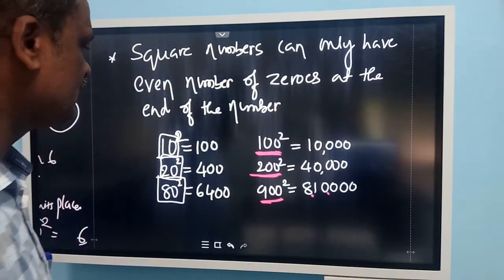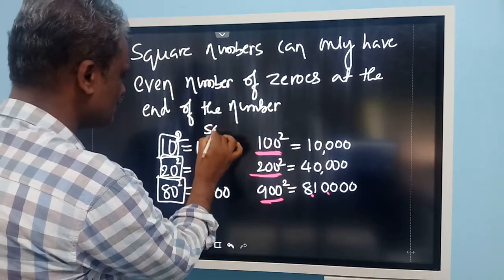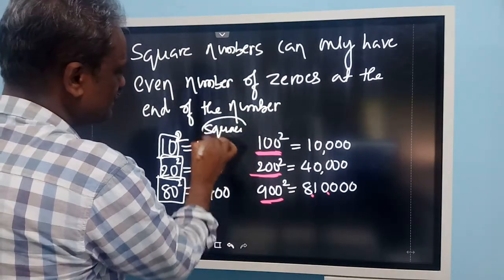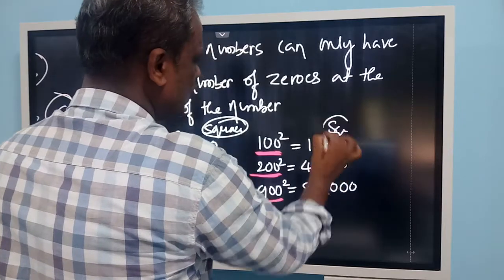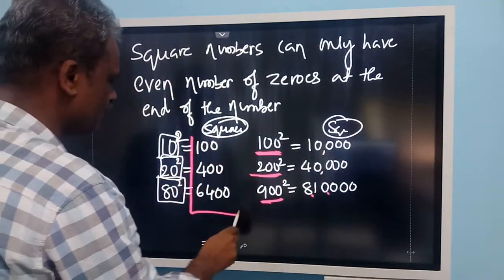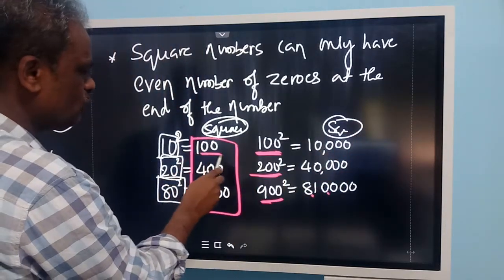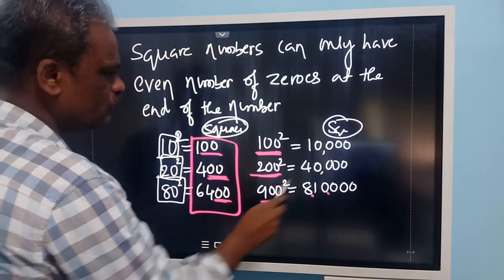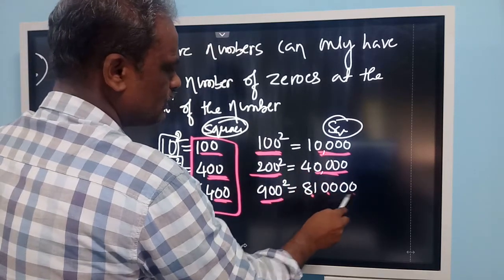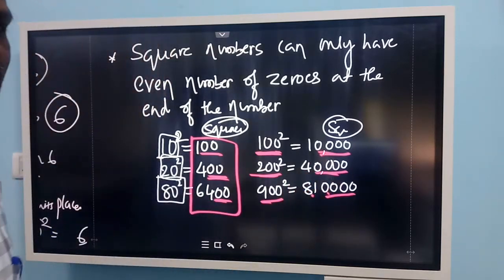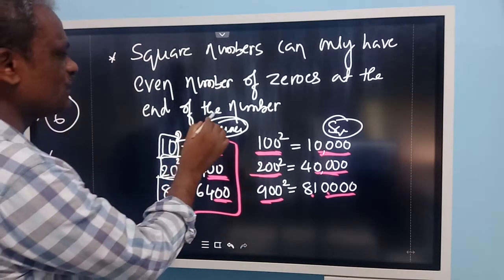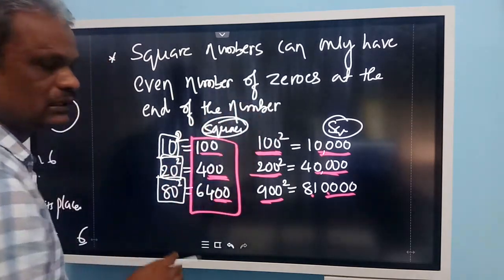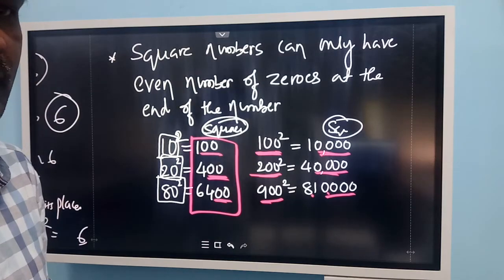Observe these zeros in the square numbers. These are all square numbers. How many zeros do we have in the square numbers? Here 2, here 4, here also 4. So the square numbers always end with an even number of zeros. Take any perfect square number.